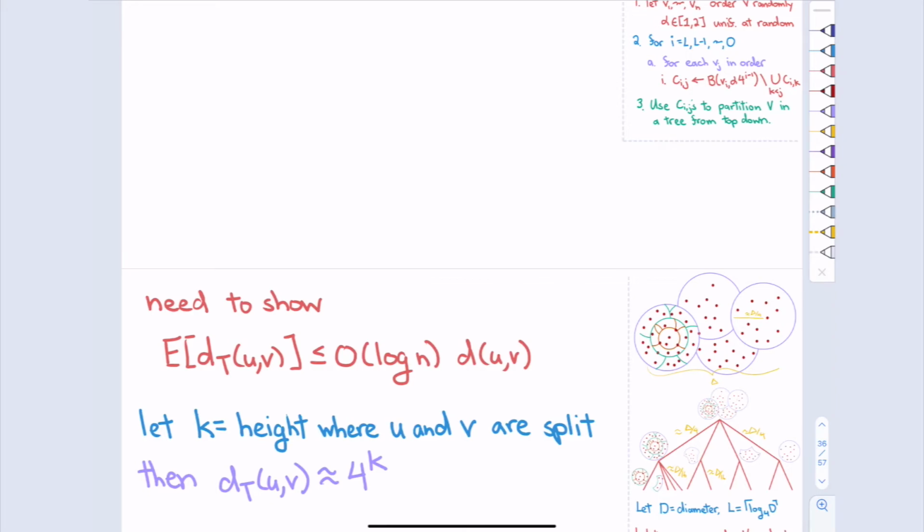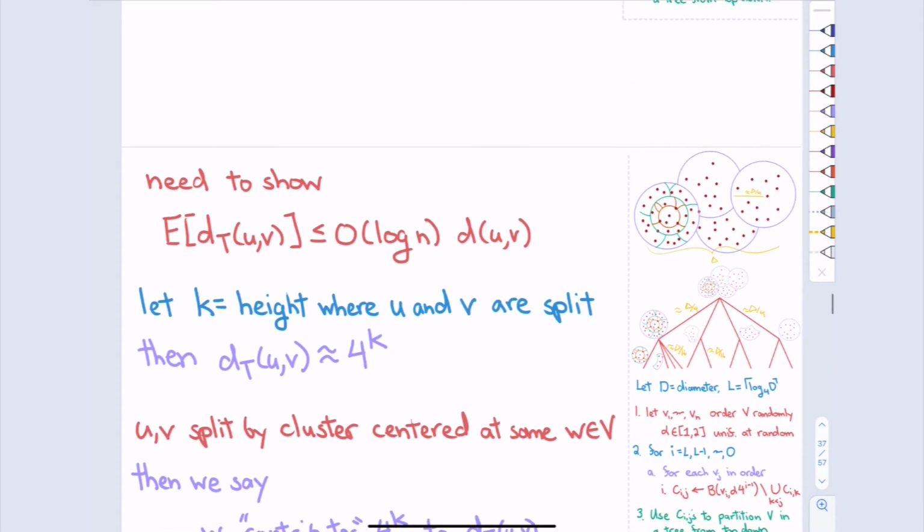If they're grouped together, they're going to be in the same subtrees, and then finally they're split apart. Because it's a hierarchical tree metric where it's always going up in powers of 4, really what level they got split apart roughly determines their distance. So if they get split up at height k, their distance is roughly 4 to the k. Maybe it's 2 times 4 to the k plus some smaller factors, but up to a constant, it's 4 to the k. So we're going to focus on the height at which they're split up.